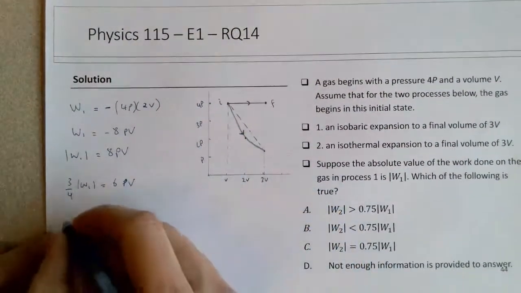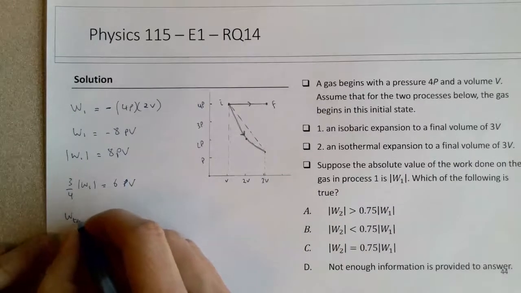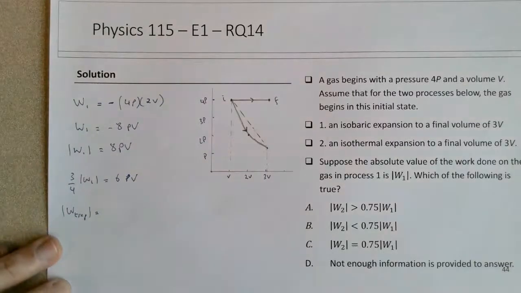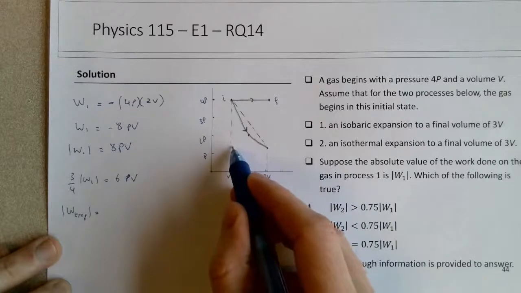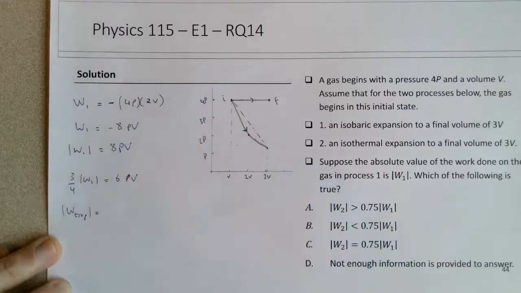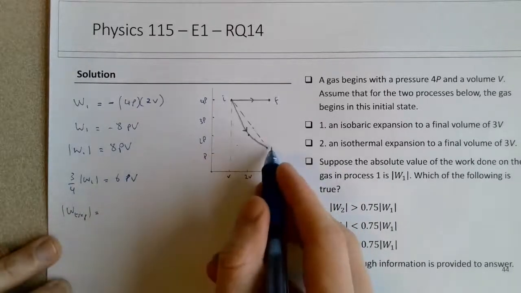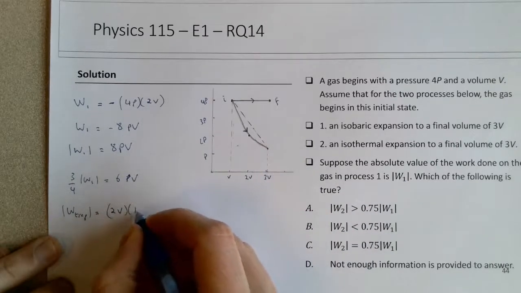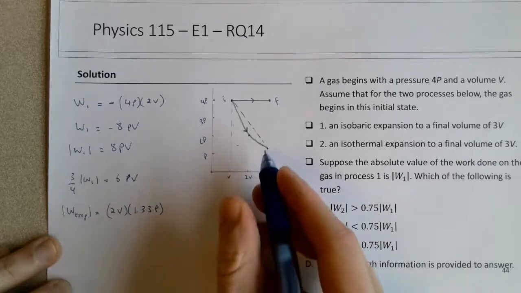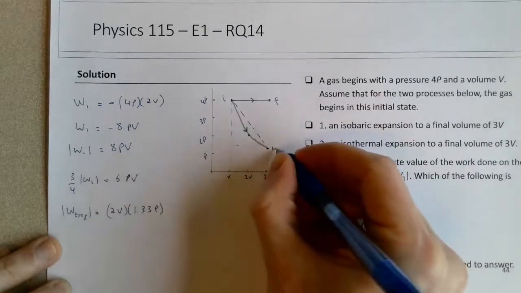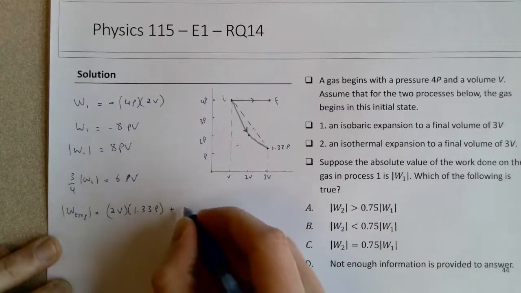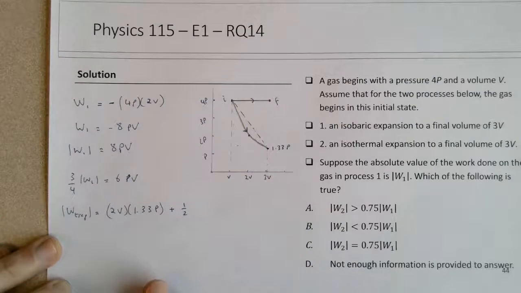So think about the area of the trapezoid underneath this purple line. I'll use absolute value just to figure out the exact areas. I can break this up into a small rectangle and a triangle. The rectangle would have a base of 2V times the height of 1.33P, which is this point here. Then we'd have the area of the triangle, and you can use your trapezoid formula if you want.